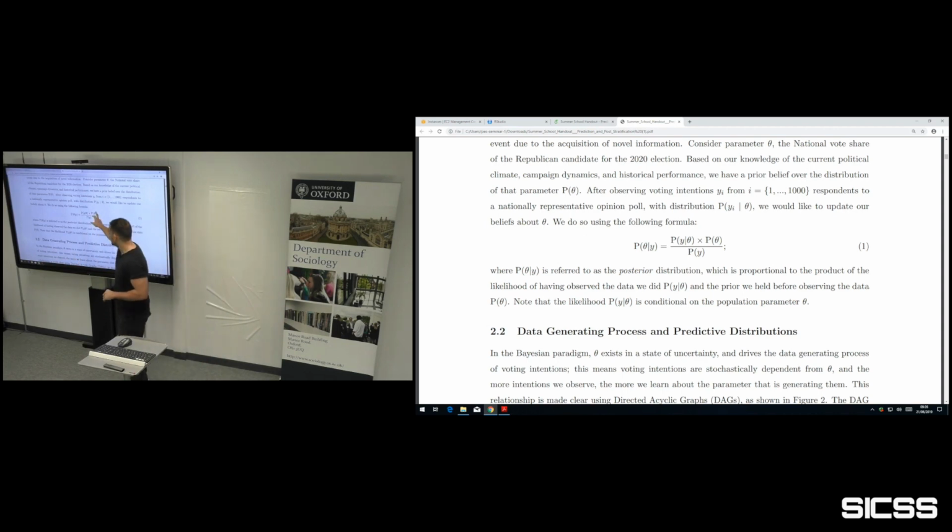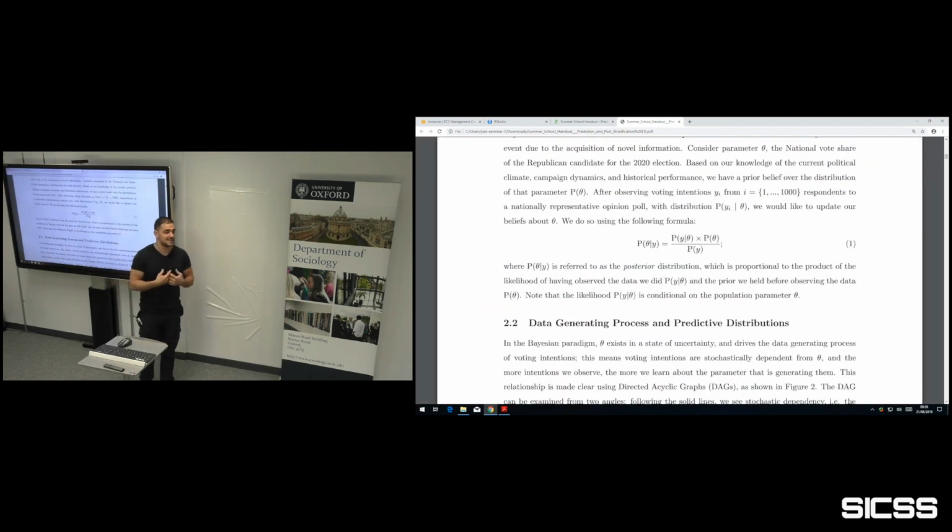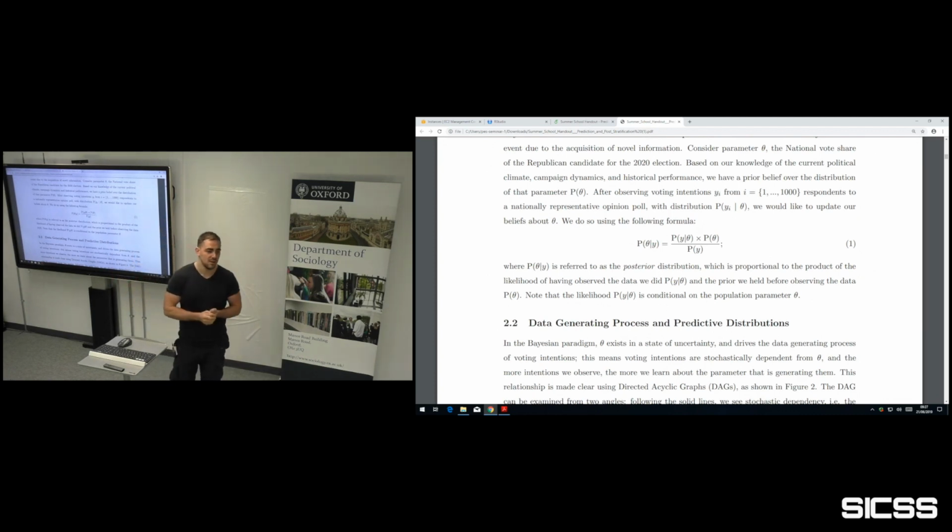And P of theta is our prior on that parameter. So it's a probability, and it's an expression of uncertainty. We may say, okay, well, roughly between 45 and 55% of people are going to vote for a Republican candidate.